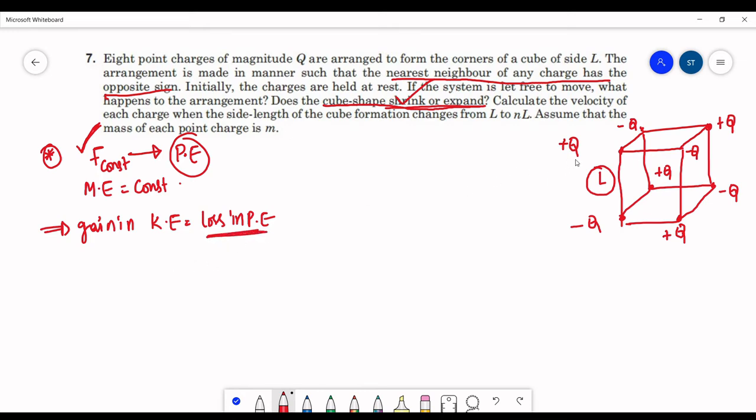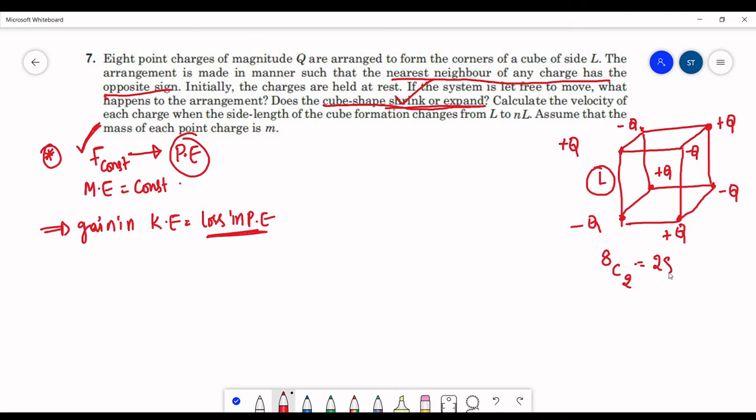Here you can take any two point charges among these 8, and that will form a pair for a potential energy. So in total we have 8 charges, and we can select any 2. 8C2 is 28.